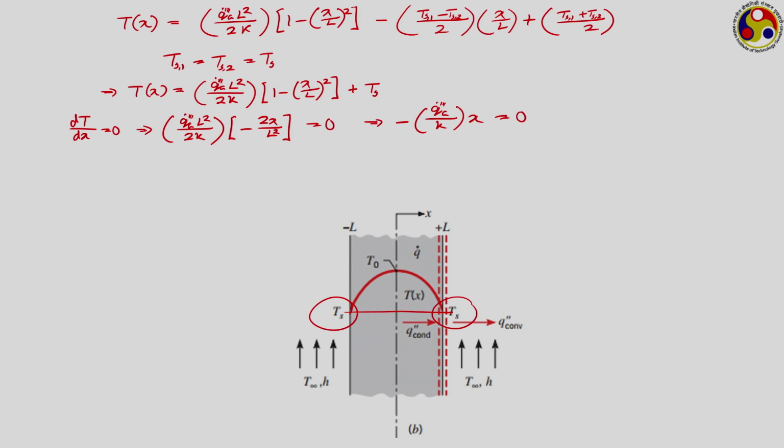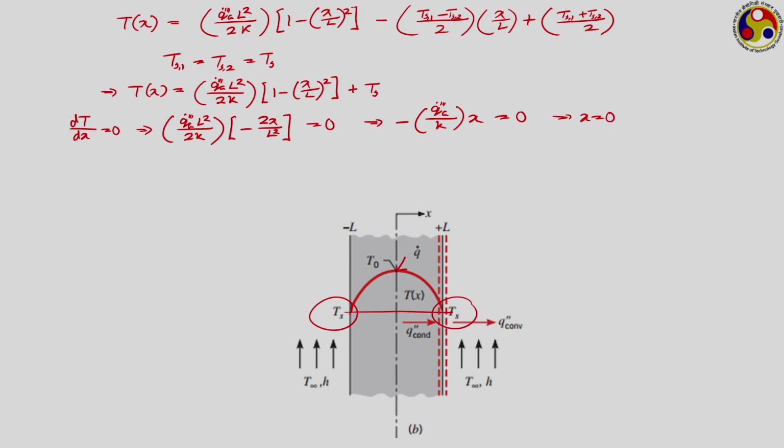Now, if there is no volumetric energy generation, then the entire temperature profile T x becomes equal to T s, only if q 0 triple prime is equal to 0. That means, throughout the system you have the same temperature. And secondly, if q 0 triple prime is having a non-zero value, in that case the maxima will appear at x equal to 0, that is only at the center line.